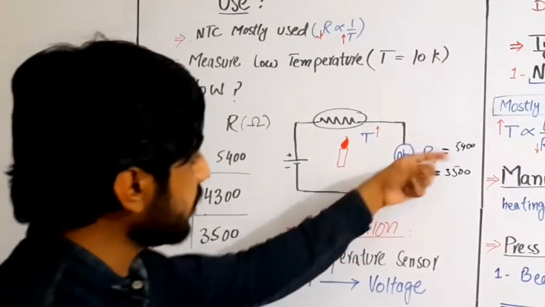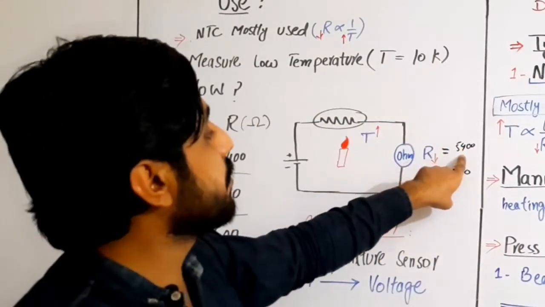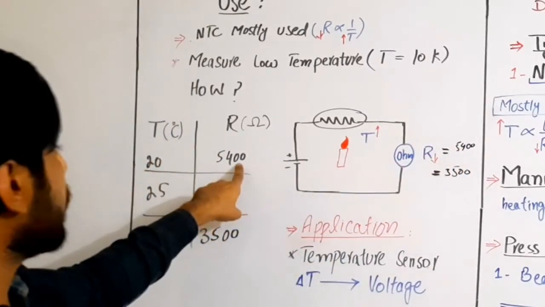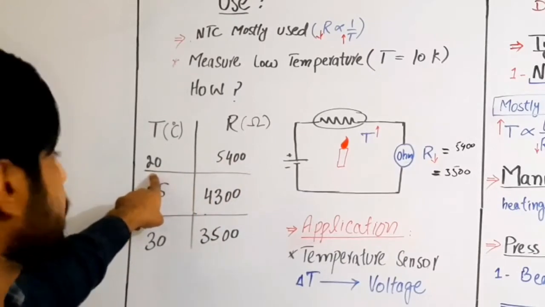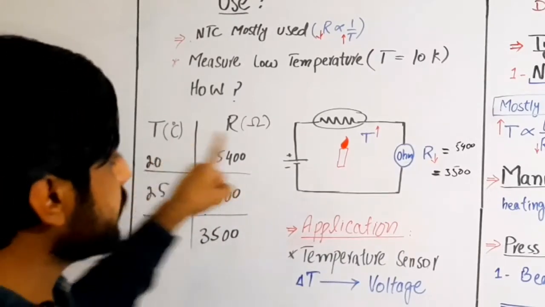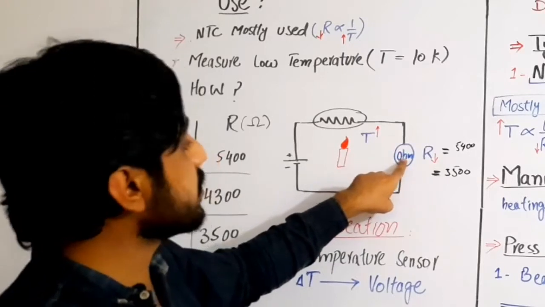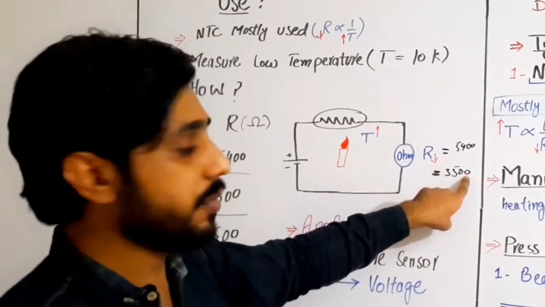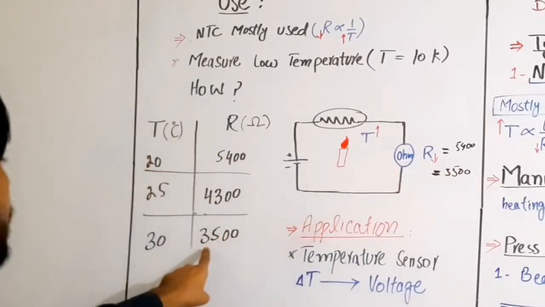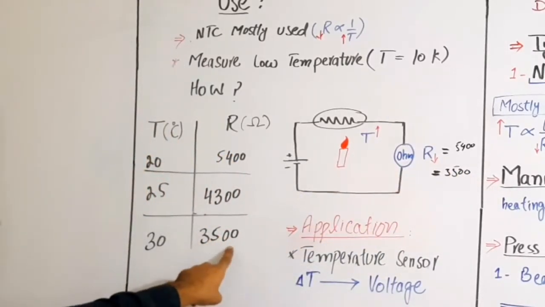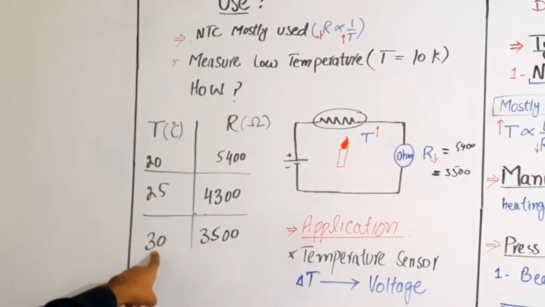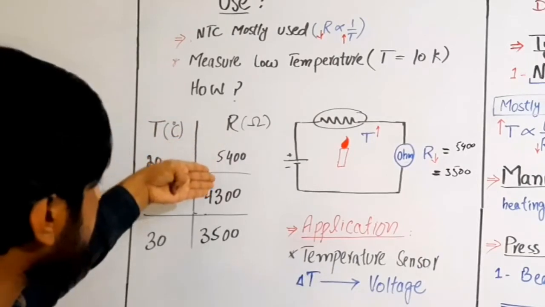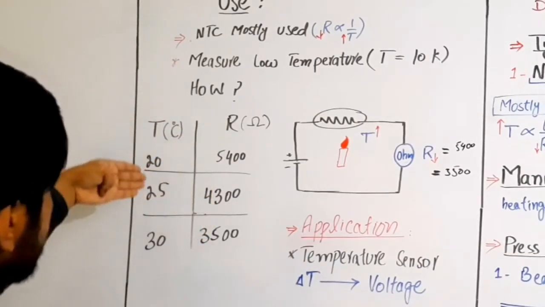Now check here, if the resistance given by this ohm meter is 5400, then the temperature is 20 degrees, and suppose the resistance measured by the ohm meter is 3500 ohm, then see here, 3500 ohm corresponds to 30 degrees Celsius, which means if the resistance is decreasing, then the temperature is increasing.